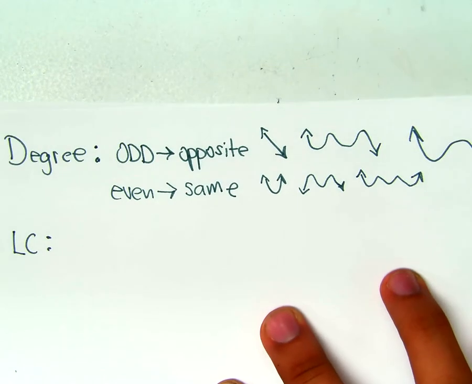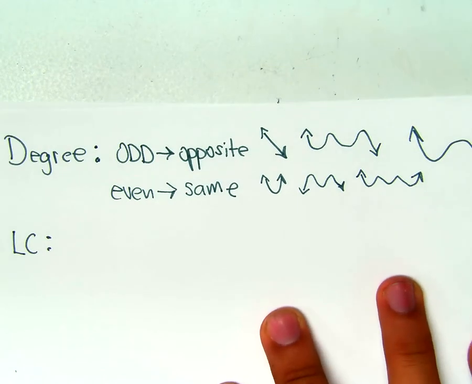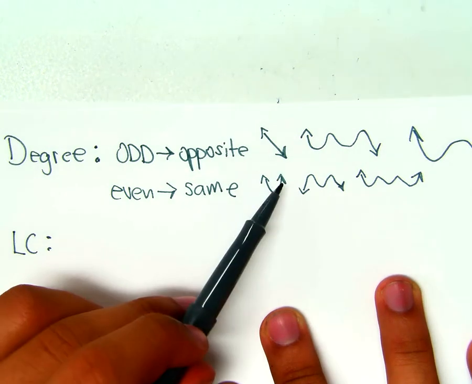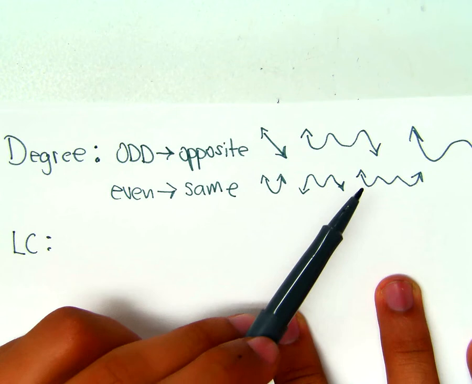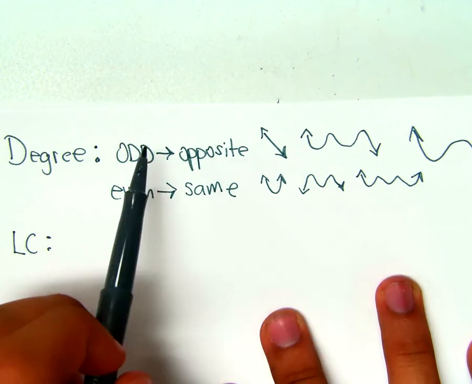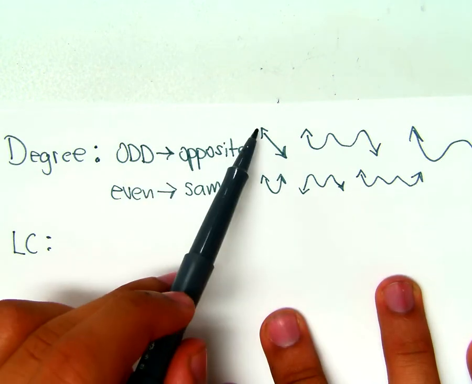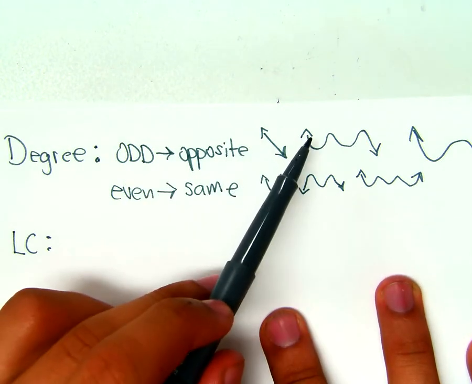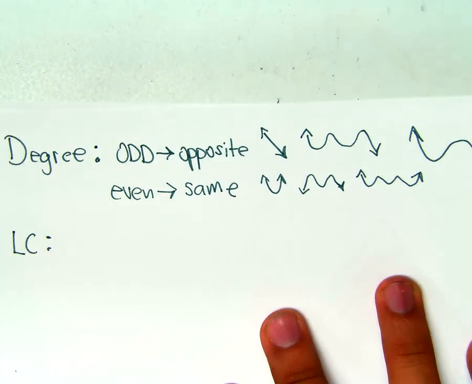See the difference? Both ends are the same and not opposite. These both end up, these both end down, these both end up. For the odd scenario, this one ends up, that one ends down, this one ends up, that one ends down.